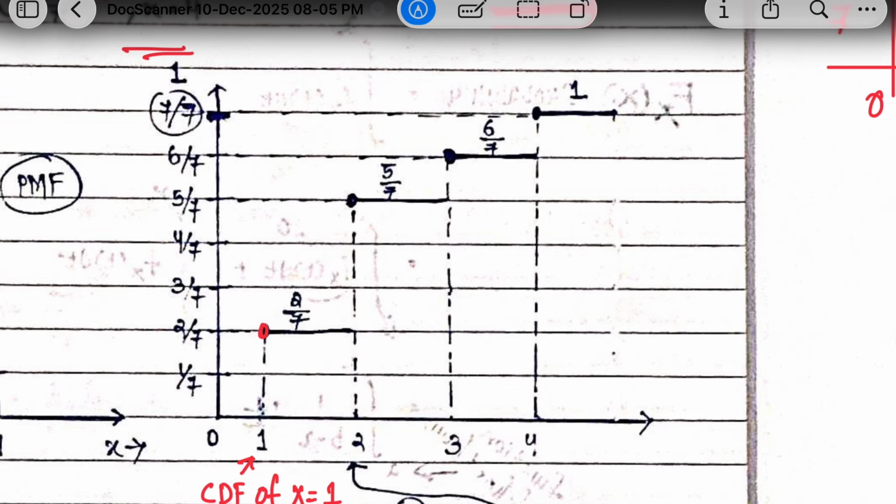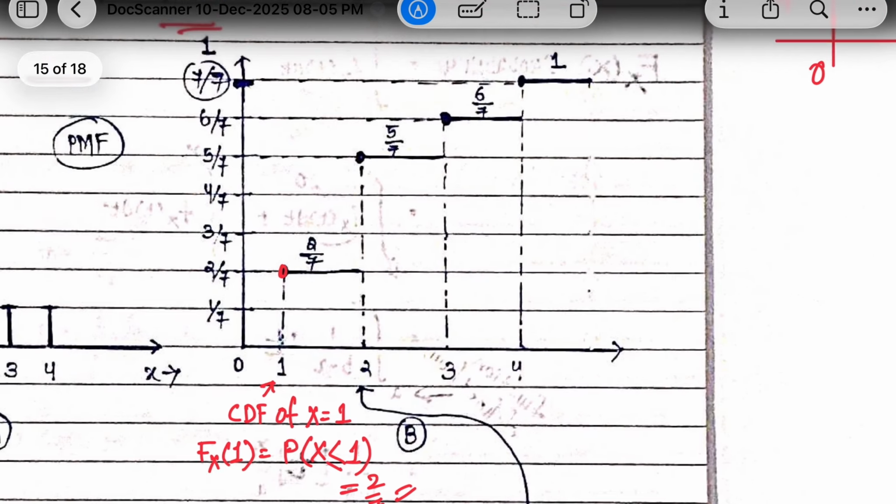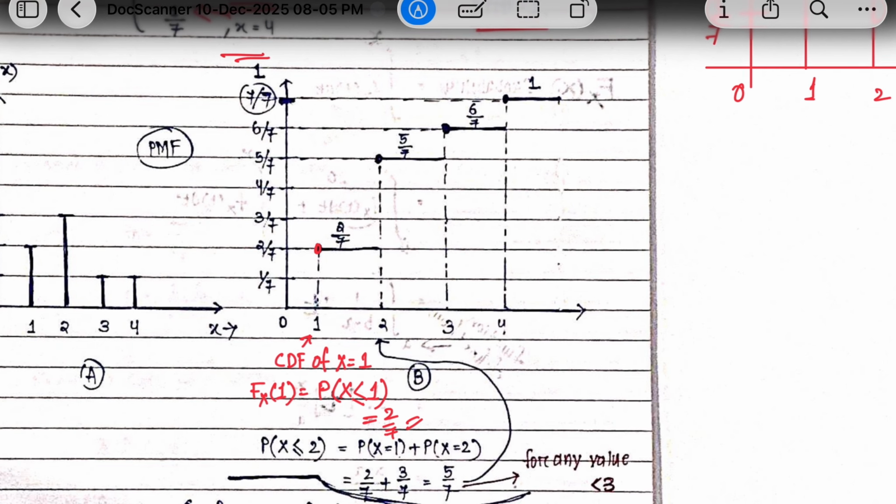Less than or equal to 1 takes all the values before it. There is no value before, so this will take the value 2 by 7 only, because the value of x equal to 1 is 2 by 7.